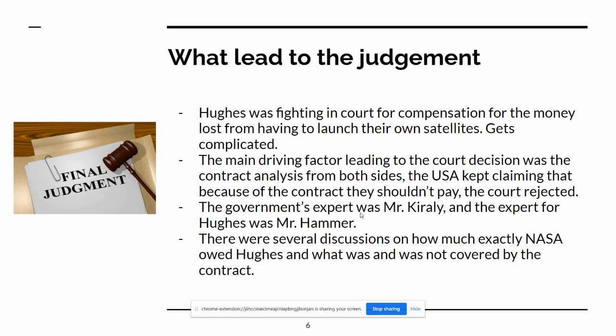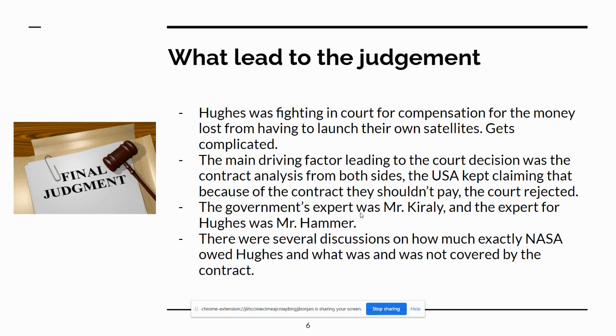So what is it that led to the judgment that Hughes ended up winning and got their compensation? Well, Hughes was fighting in court for compensation, and it got complicated. They had to look into all the financials to see how much they were actually going to get. So they had professionals on both sides.